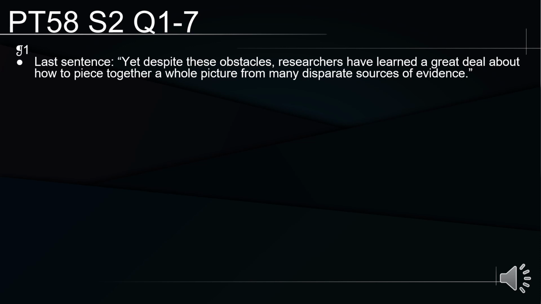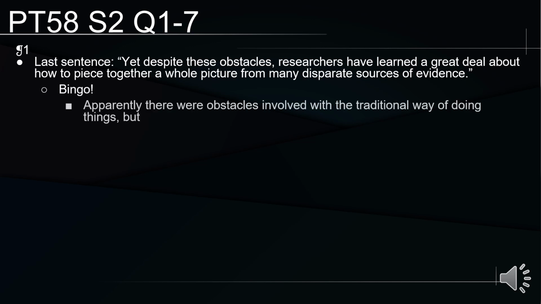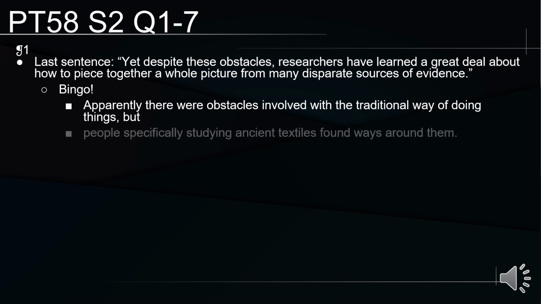Lo and behold, the last sentence of paragraph 1 kind of indicates this. "Yet, despite these obstacles, researchers have learned a great deal about how to piece together a whole picture from many disparate sources of evidence." So, to me, that's a bingo. Apparently, there were obstacles involved with the traditional way of doing things, but people, specifically people studying ancient textiles, found ways around them.